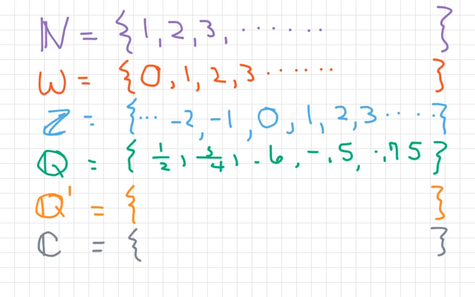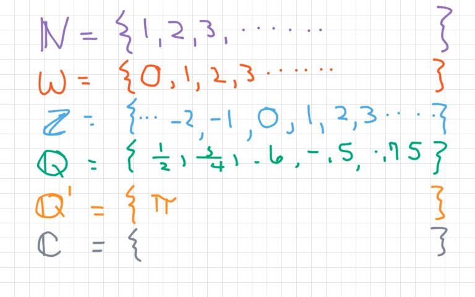Okay, when you got into high school or even middle school, you learned about irrationals. Irrationals are numbers that can't be expressed in the form of a simple fraction like we did above. For example, pi. It continues on and on. All right?